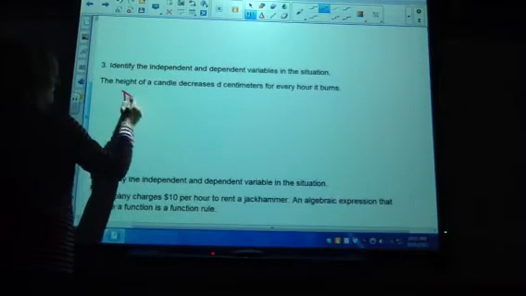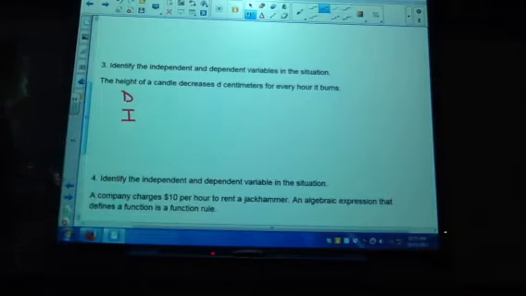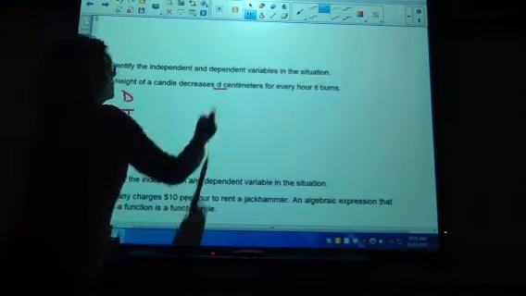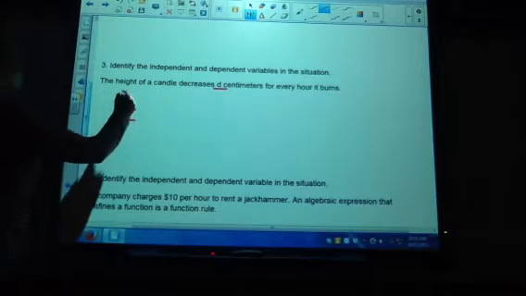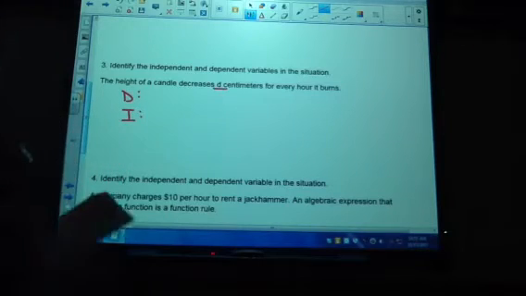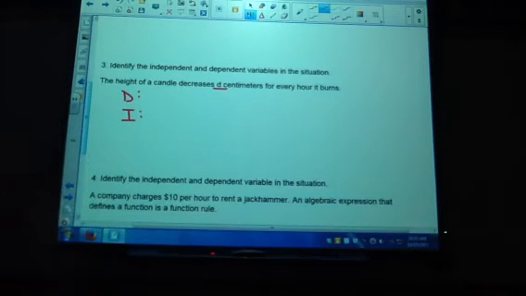Okay, I'm going to abbreviate now and do D and I. Okay, the height of a candle decreases 3 centimeters for every hour it burns. Okay, what do you think?